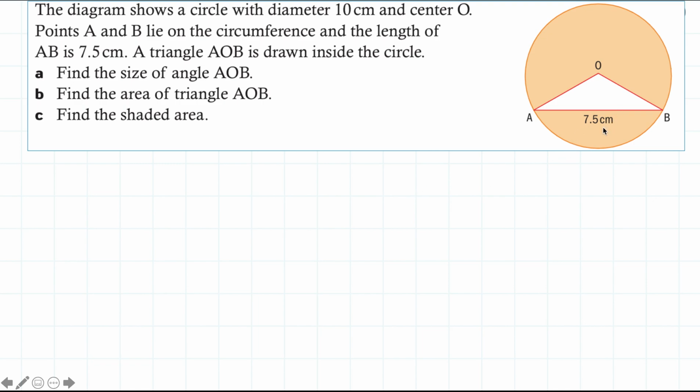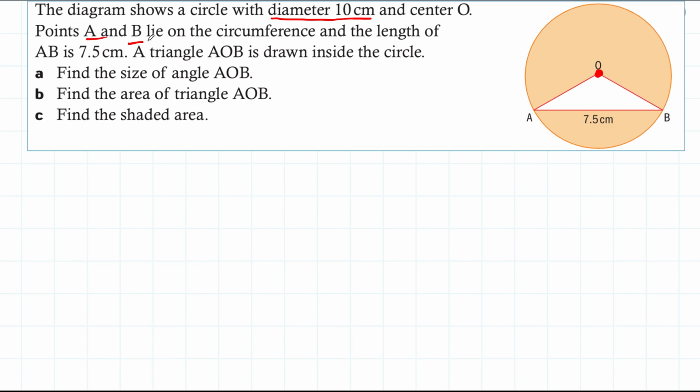For part A, they want the size of the angle AOB. You'd notice that we only have 7.5, but in the question itself, they've given us that the diameter is 10. You should be comfortable with triangles showing up inside of circles.